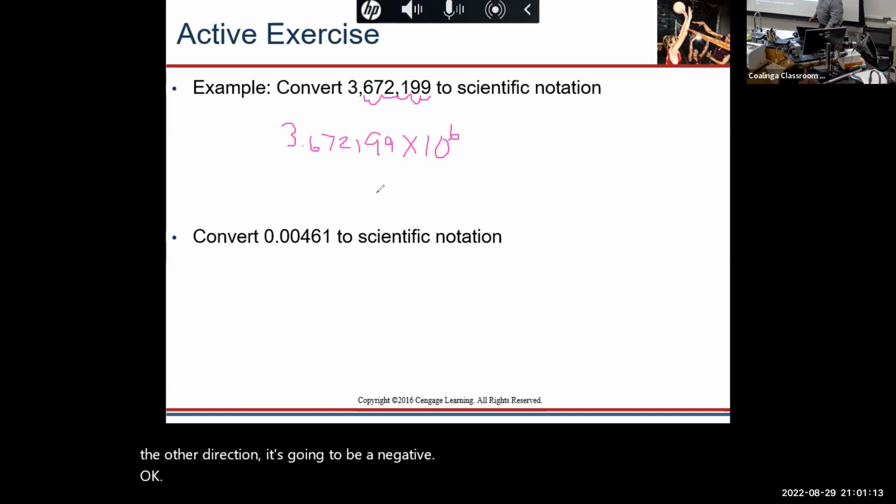So in this case, we have 1, 2, 3. Yep, 1, 2, 3. So that's 4, 6, 1, times 10 to the minus.